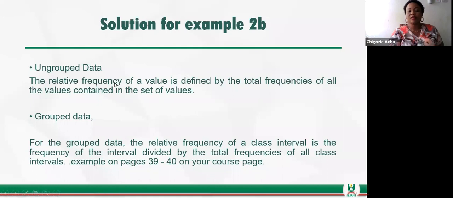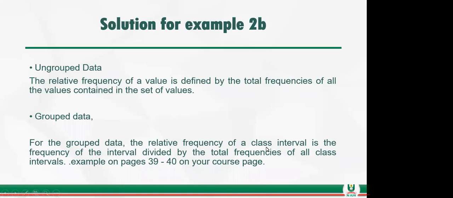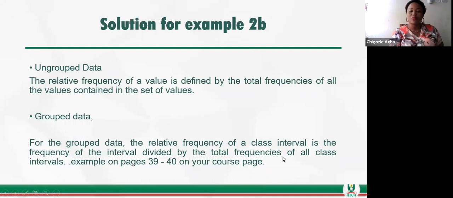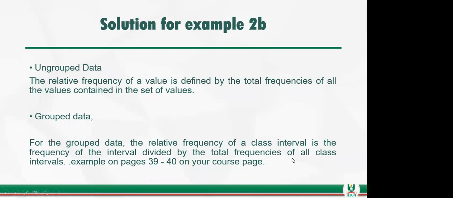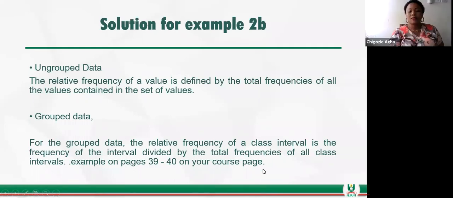For grouped data, the relative frequency of a class interval is the frequency of the interval divided by the total frequencies of all the class intervals. Good. If you check your course guide on pages 39 to 40, it gives details of how you can handle ungrouped and grouped data sets.